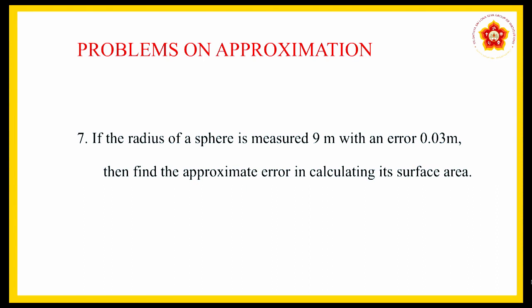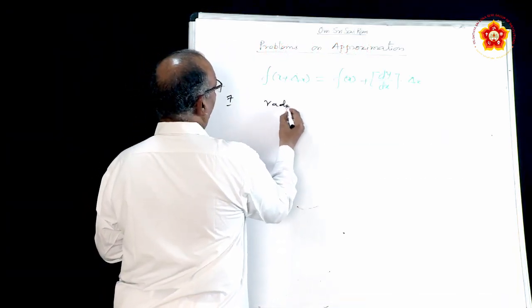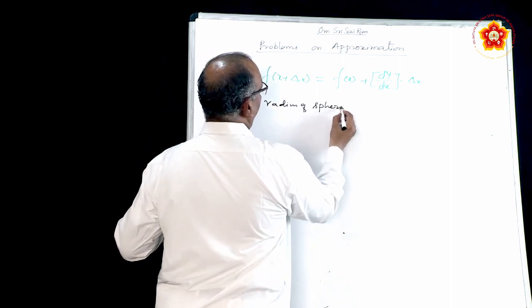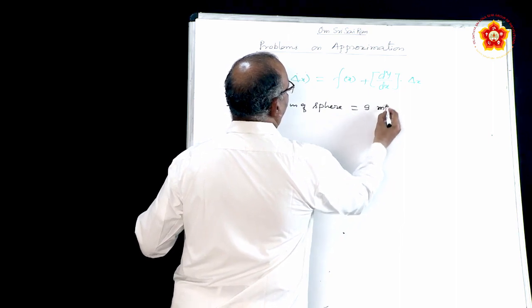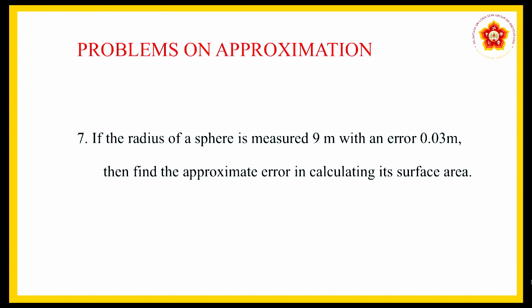He says, if the radius of a sphere is measured as 9 meters with an error of 0.03 meters, he has measured it as 9 meters, and you can call it R actually.